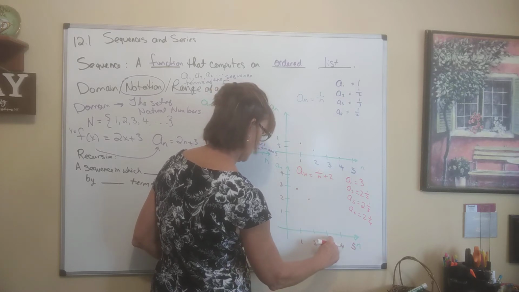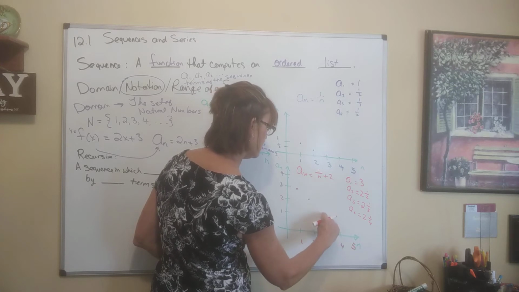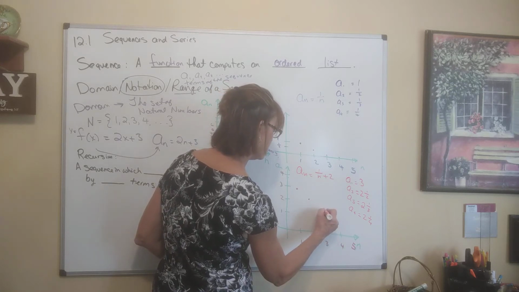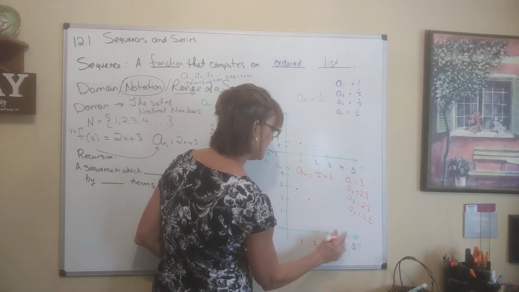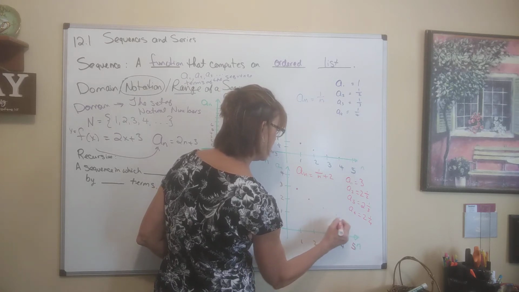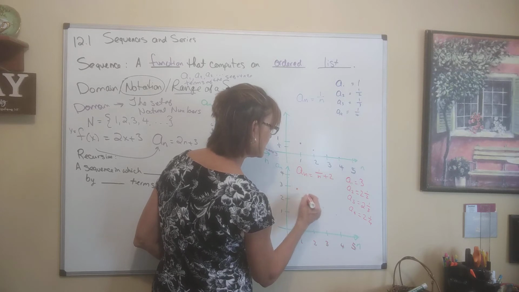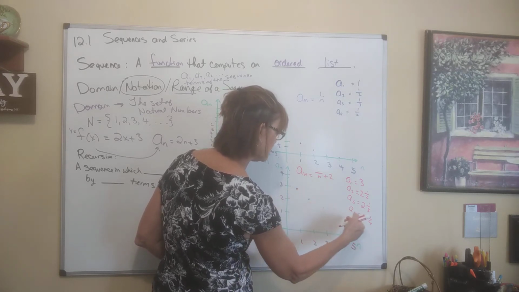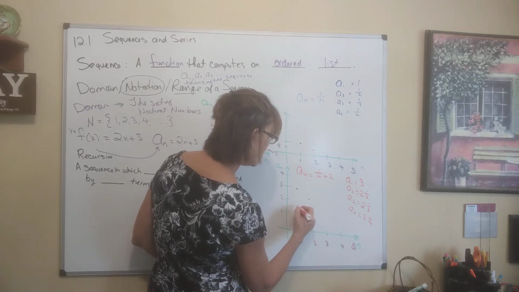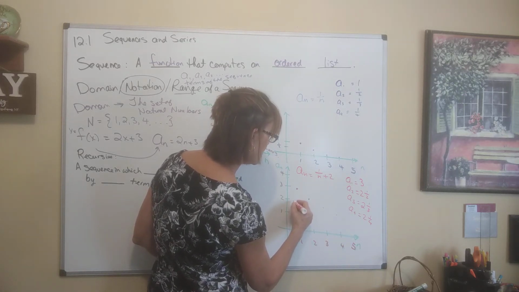When n is 3, a sub 3 is 2.33 right there. Maybe it's right there. A sub 4 is 2.25. So we can see as n gets bigger and bigger, it gets closer and closer to the line.